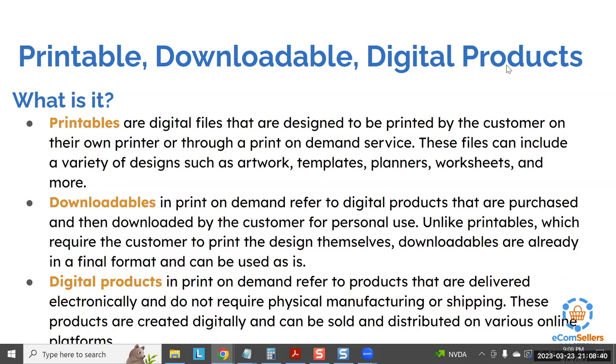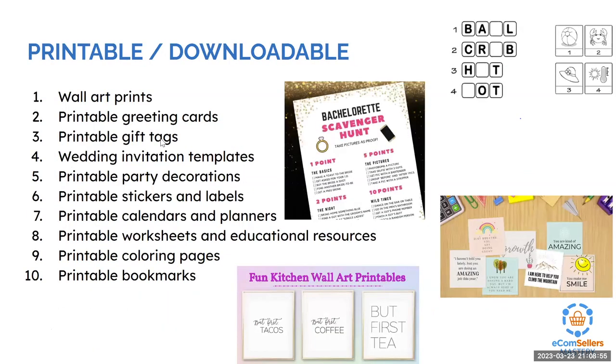You may use it to create something, but it's not anything physical, like we're not sending you a book from this class. So those are the types of products if you want to do printables, digitals, and downloadables. Some examples are, as I said before, flashcards are always a good one.